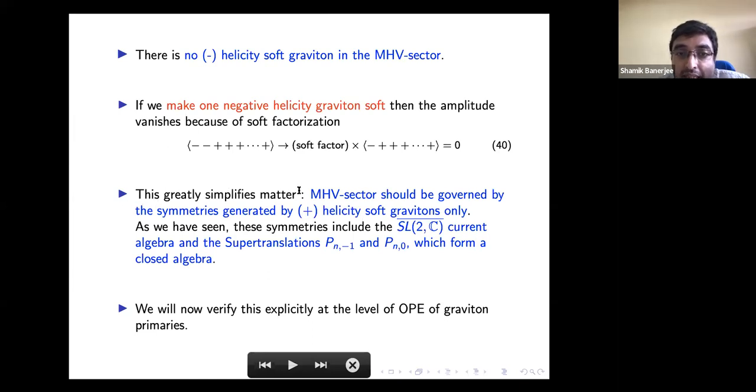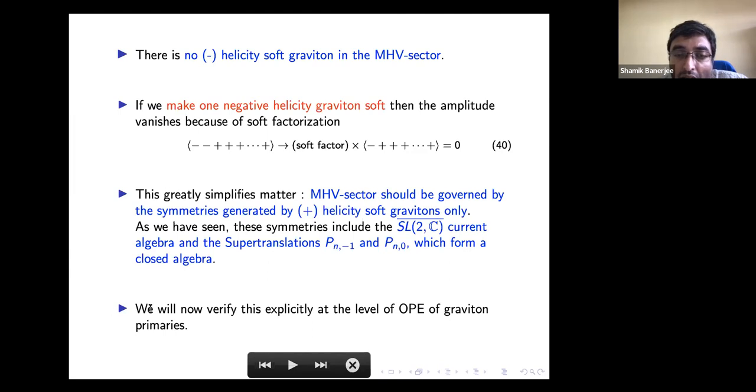Now, this greatly simplifies things, in the sense that the MHV sector should be governed by the symmetries generated by plus helicity soft gravitons only, and we know that this is essentially the SL2 bar Kac-Moody algebra and the supertranslations P n minus 1 and P n 0, which form a closed algebra.